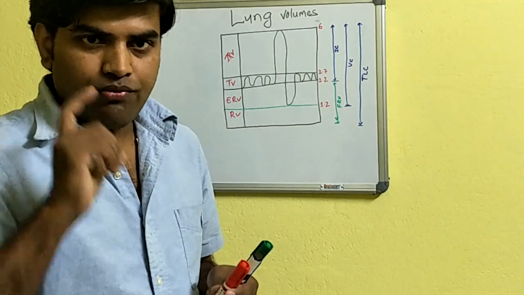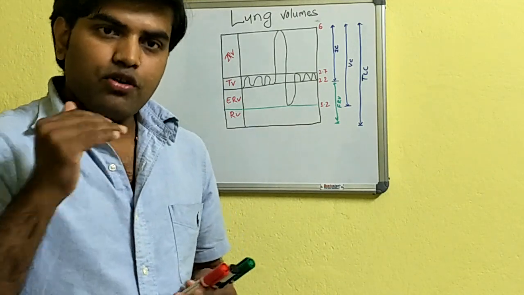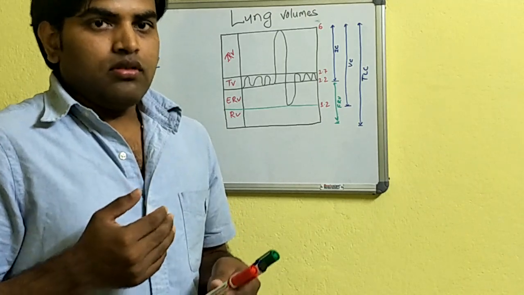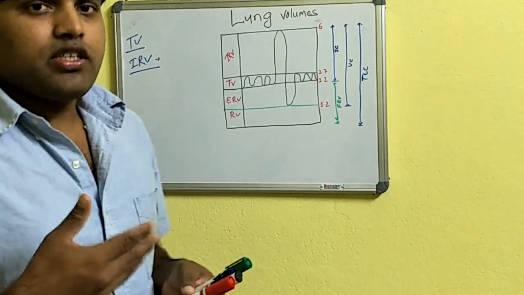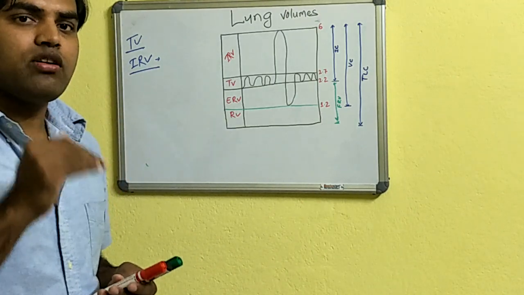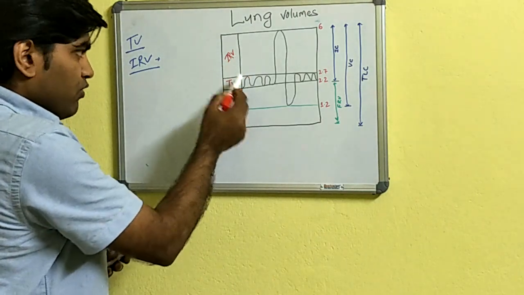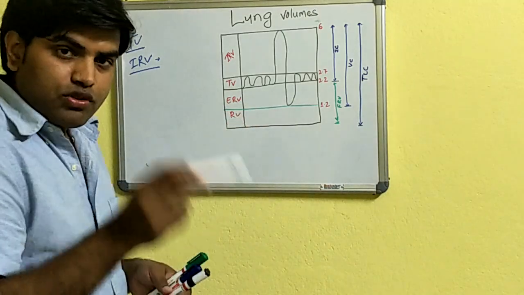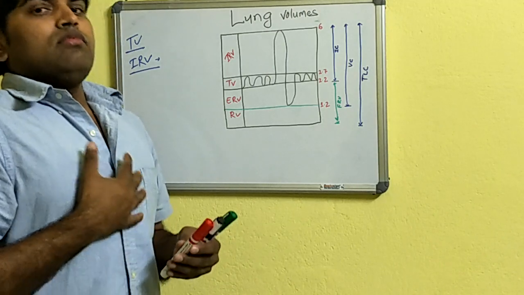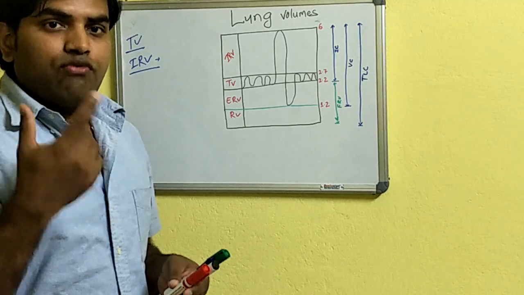It is the amount of reserve that can be taken forcefully after a normal tidal inspiration. That is the inspiratory reserve volume.